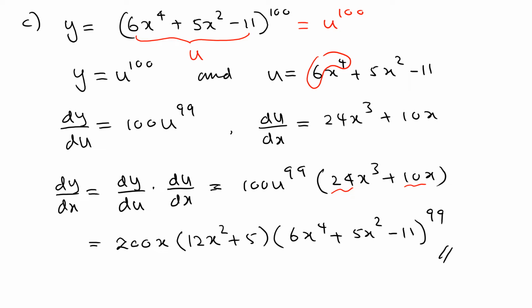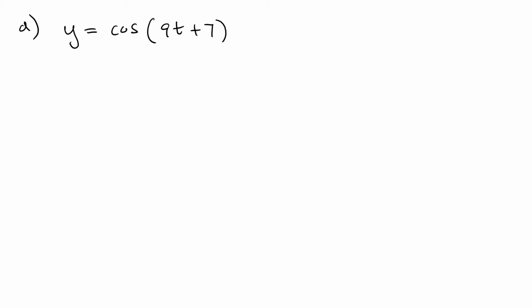So let's look at the next problem. Next, we have a trigonometric equation. We have y equal cosine of 9t plus 7. If you are not familiar with the derivatives of trigonometric functions, you can look at the video about derivatives of trigonometric functions, and you can find the link in the description. In this case, again, we're going to figure out what the inside function is first, which is u.